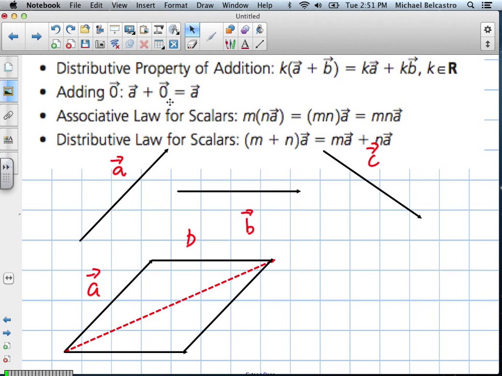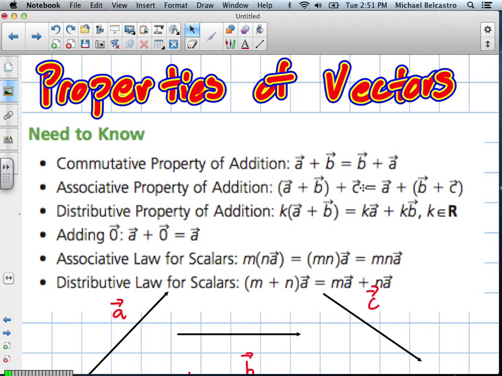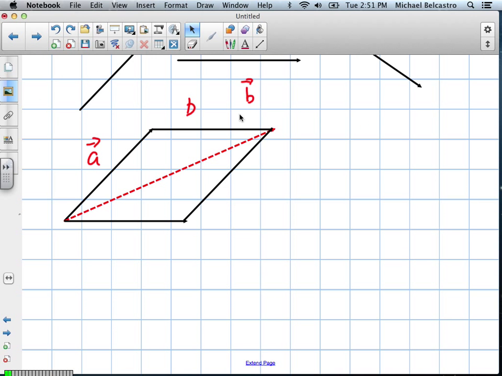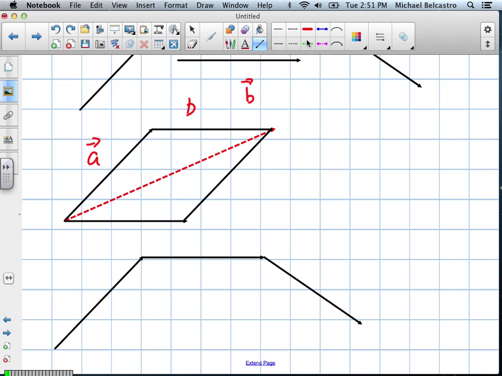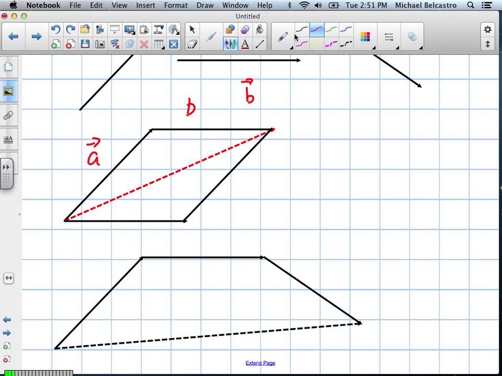That makes sense. With the associative law, the idea is that if we add AB first and then C, or if we add BC first and then A, we should end up with the same vector combination. So let's try that idea. If we take our A, then our B, so this is the order of A, B, and then C. Our resultant vector is right there. So that's our A plus B plus C. And what it's stating is that we can do BC first.